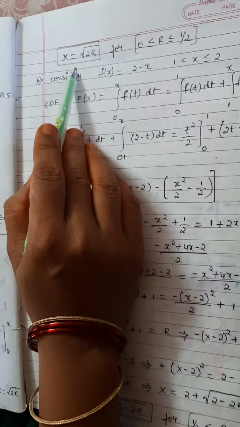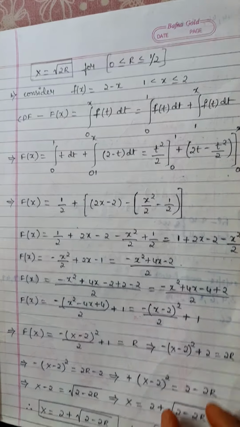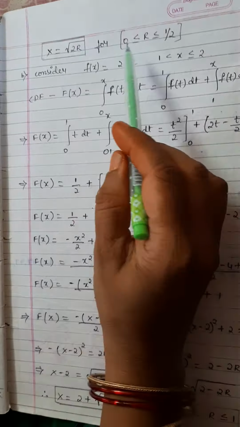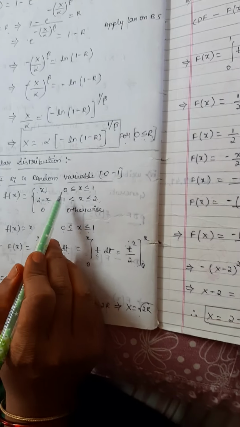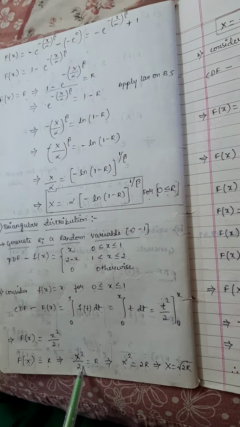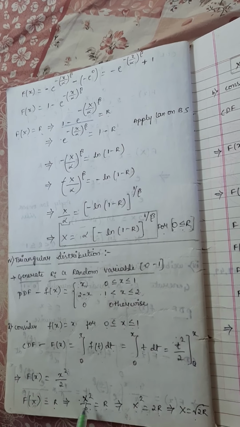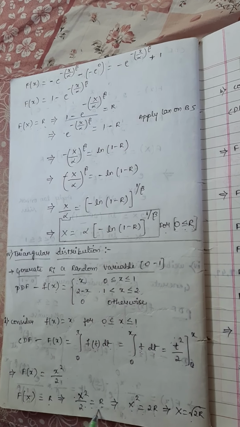Now, the limits for this equation are 0 to 1 by 2. How do we find these limits for R? Apply the lower limit 0 in the equation x square by 2 is equal to R. If I apply 0 here, R is 0.